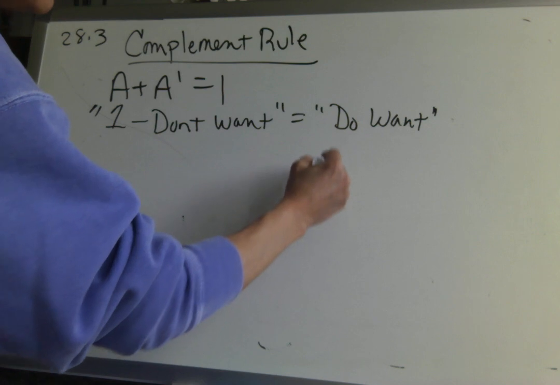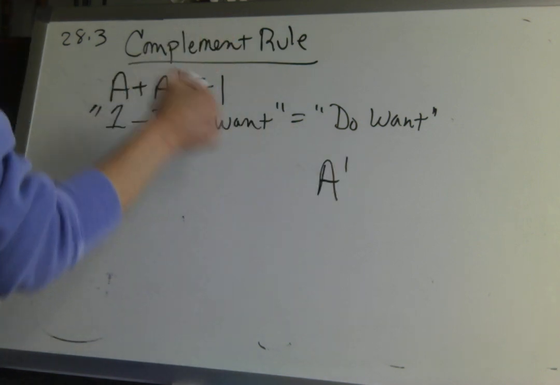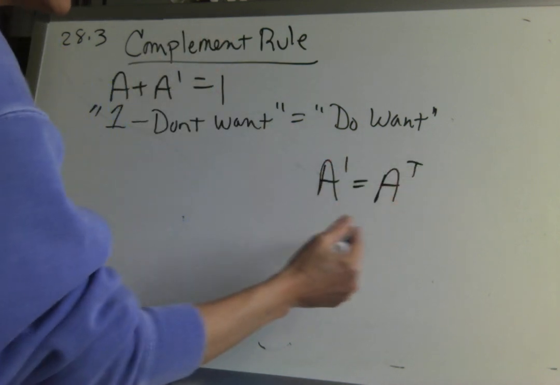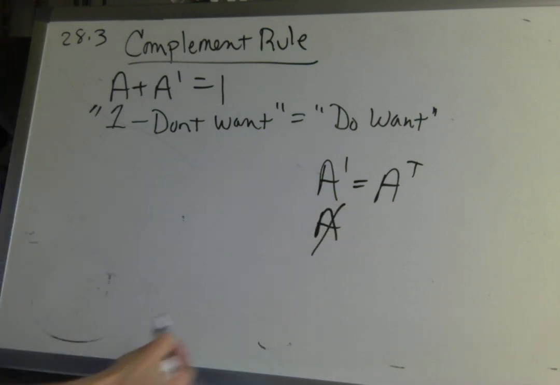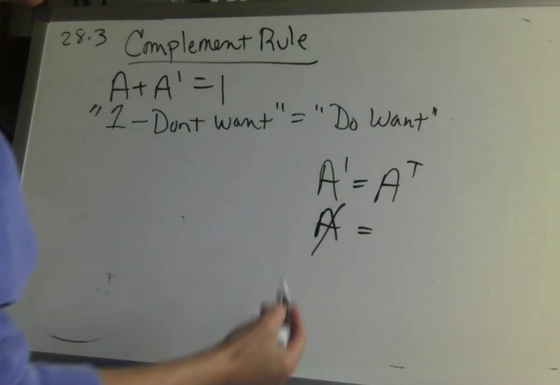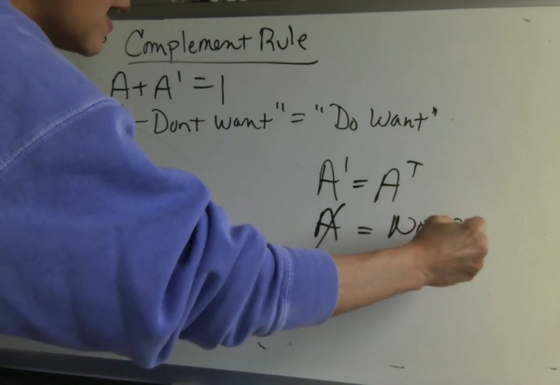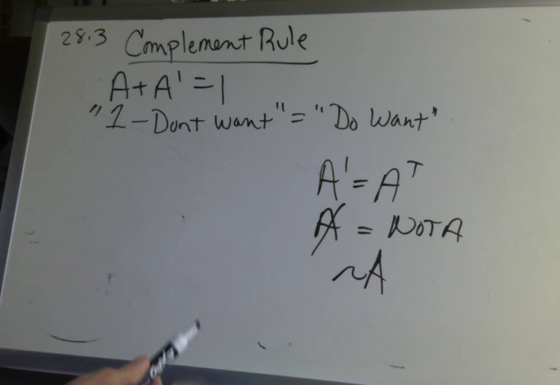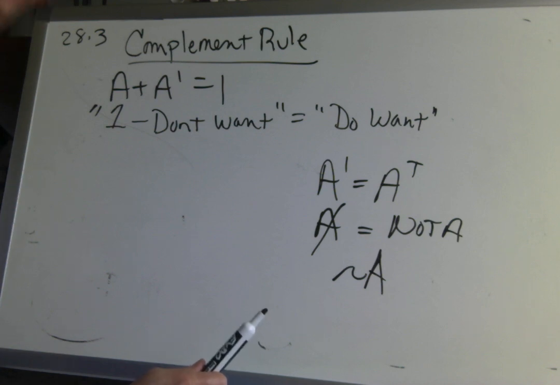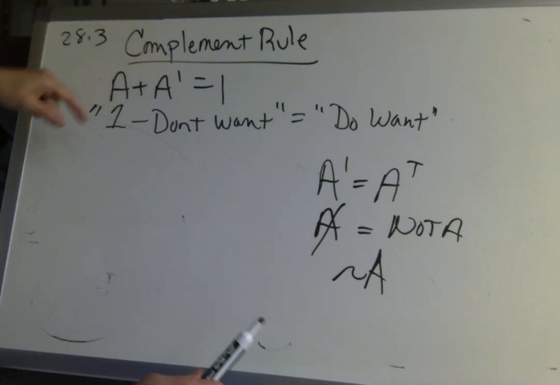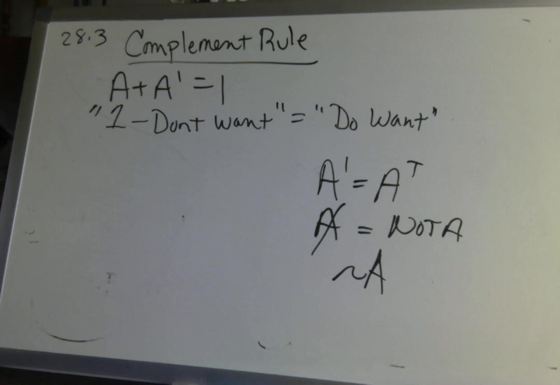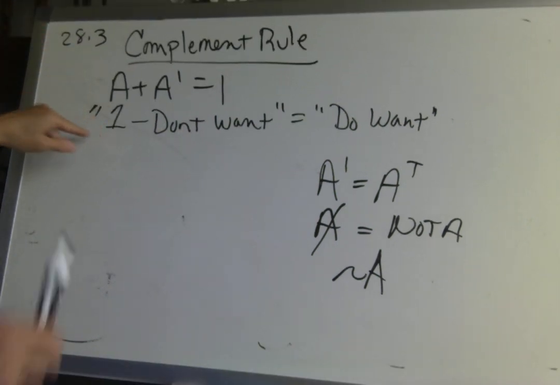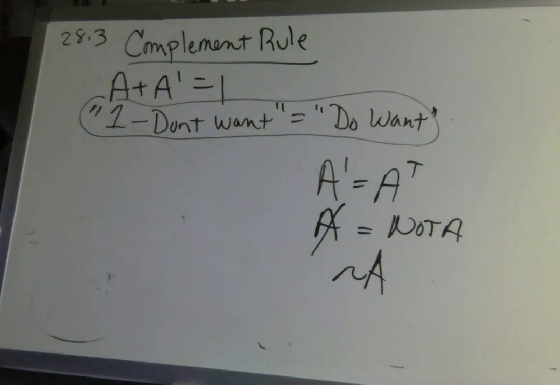So don't write this, but for that complement, some books use a T, some books use a dash, some books use not A, some books use squiggle A, and there's probably even more than that. Unfortunately, I don't know why, there is so much notation that shows the complement. We don't have to worry about that. All we're doing is figuring out how to apply this to my word problems. And that's going to be probably the most important thing.